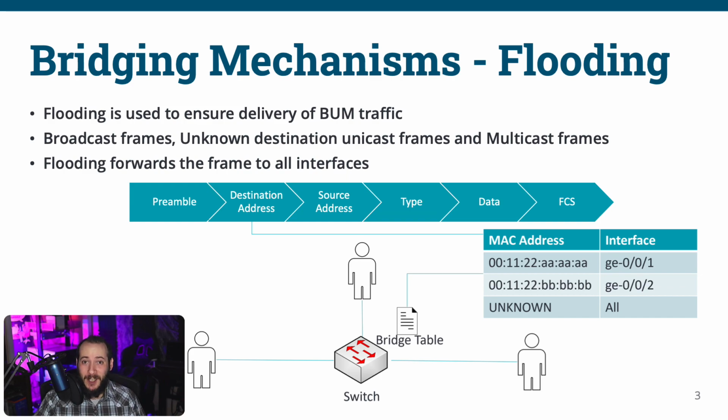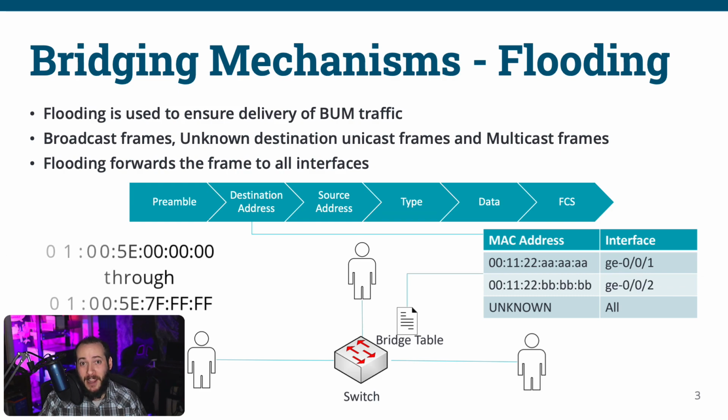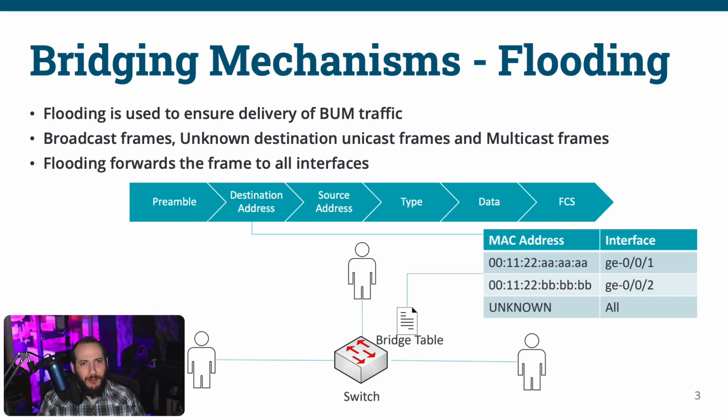Finally, multicast frames have a destination MAC address in the multicast range. Multicast, by definition, is a type of traffic which has a one-to-many behavior. Protocols may be configured to allow end devices to communicate what multicast groups they are interested in with a switch.